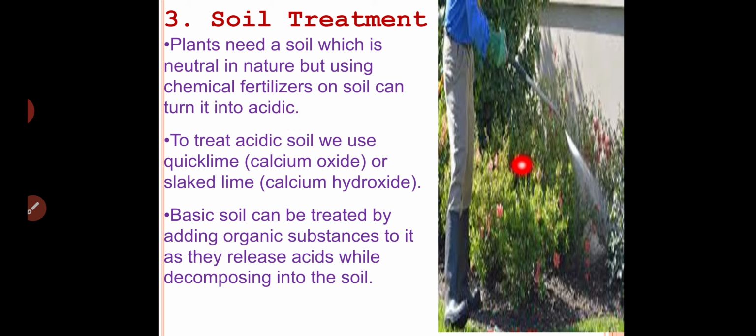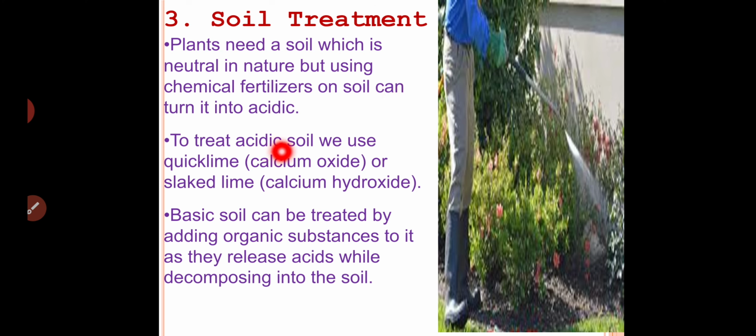Sometimes we need more crops, and for that purpose we use fertilizers. So it is very wrong. If you are using them, it should be in a small amount. When we use more fertilizers, the soil becomes more acidic. To make that soil basic, we use some basic substance, right?